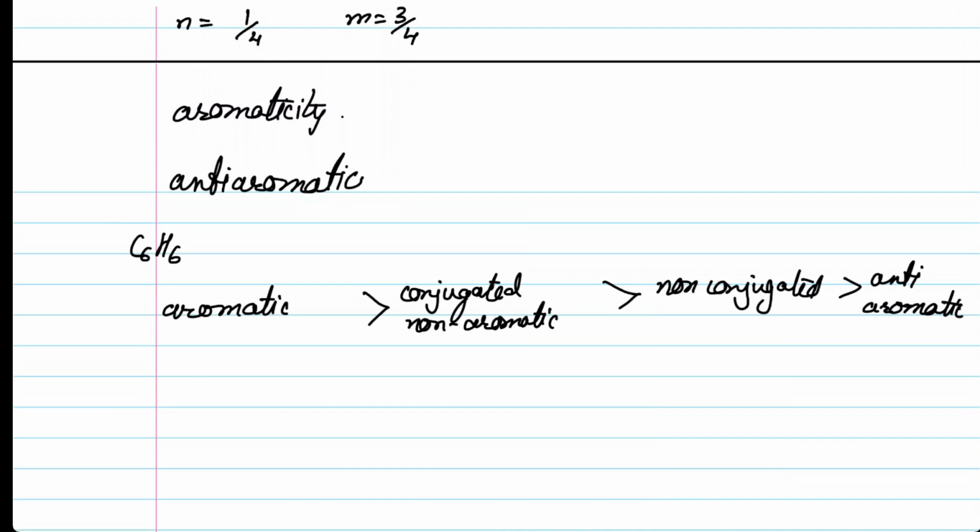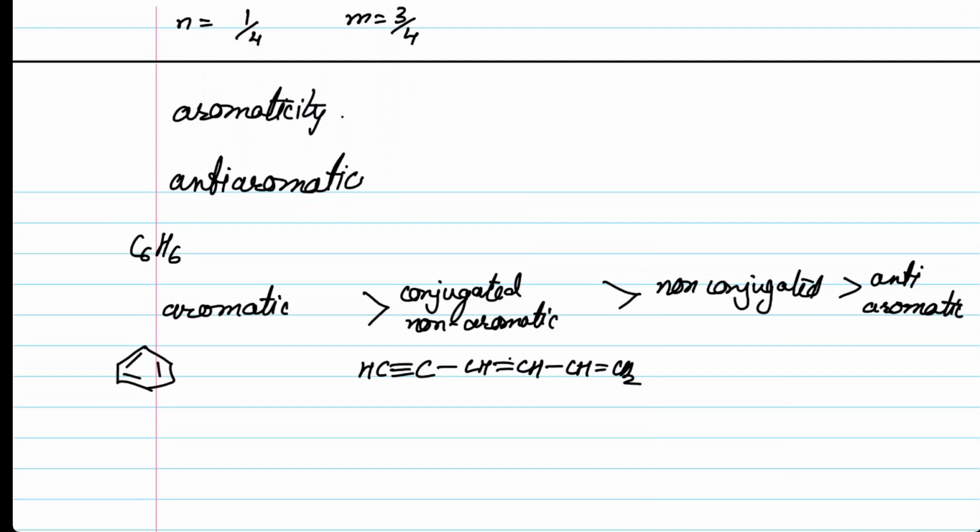For example, let's say we have benzene. Benzene follows the formula C6H6 and is cyclic aromatic. Then we have conjugated non-aromatic. Conjugated non-aromatic could be HC triple bond C, CH double bond CH single bond CH double bond CH2.